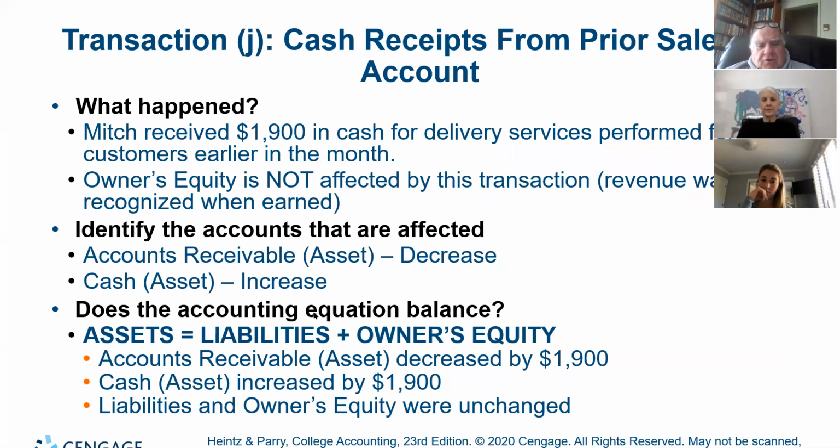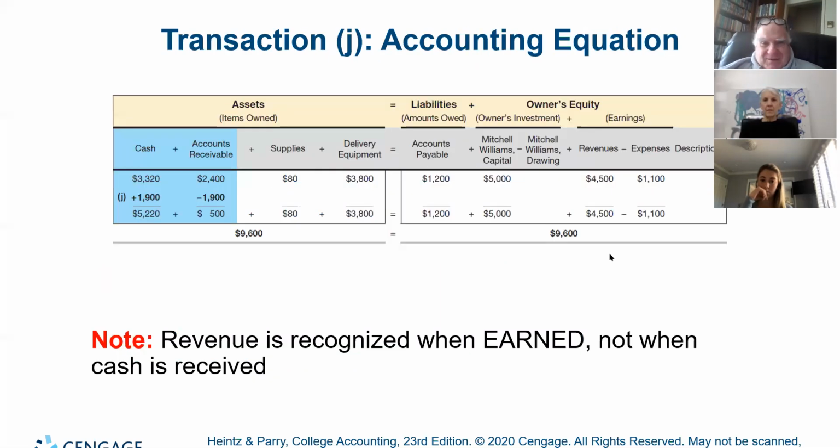Does the accounting equation remain? It's supposed to say, does the accounting equation balance? Your default answer is yes. Okay, so let's take a look. Well, we sold this stuff earlier. This receivable of $2,400, that was mixed in with these revenues, right? Some were for cash and others were on account.